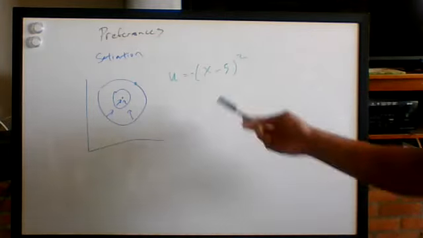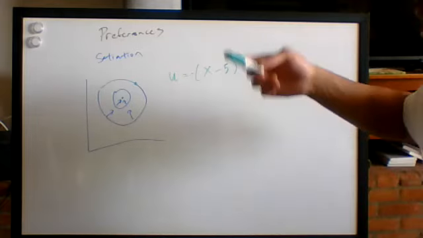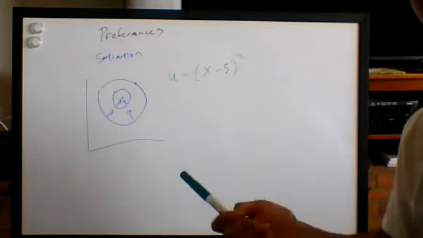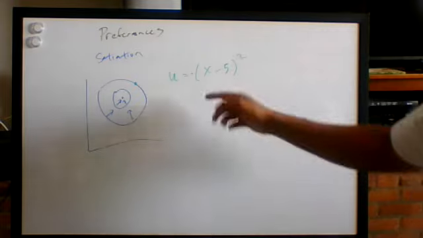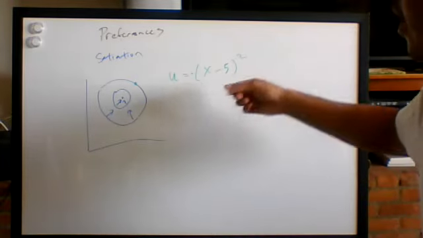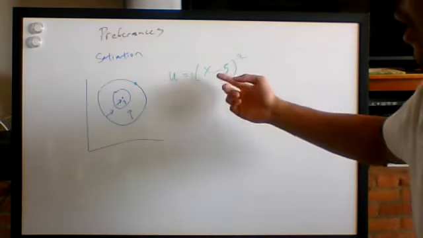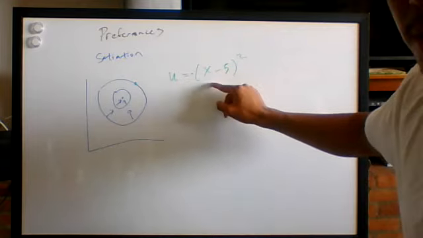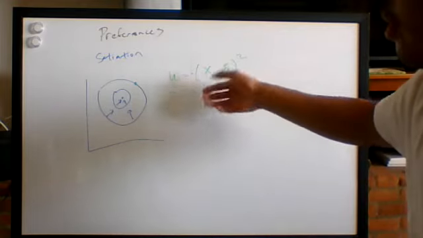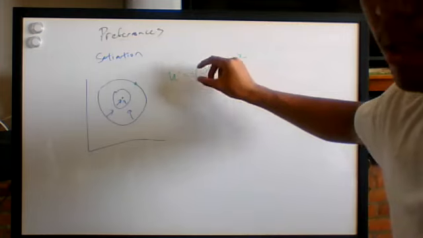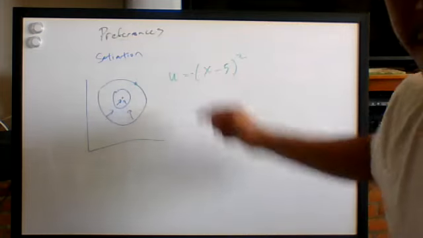That's what is driving your idea as you solve the problem. You don't want to have this negative marginal utility. And so the way we can combat that is by having x be as close to 5 as possible, or else we're just going to have a greater magnitude attached to the negative sign.